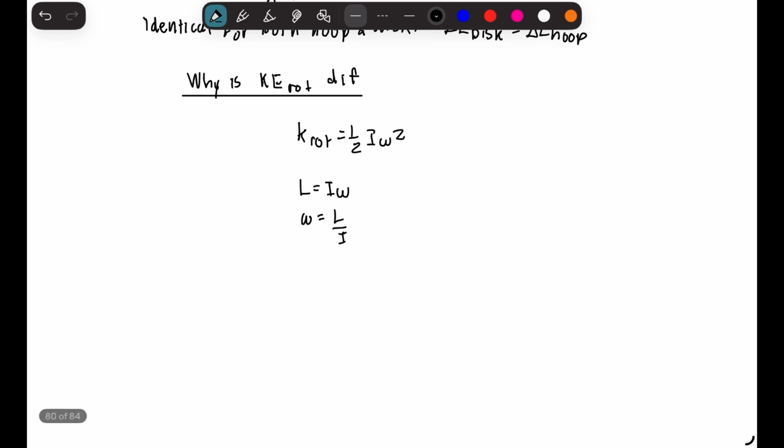And if you sub that into the energy, you're going to have 1/2 I times L over I, and you square that.